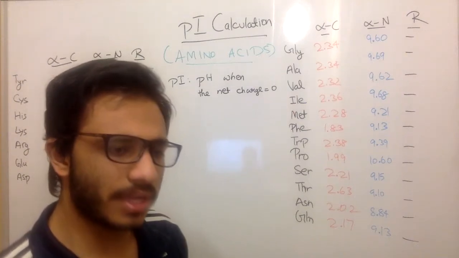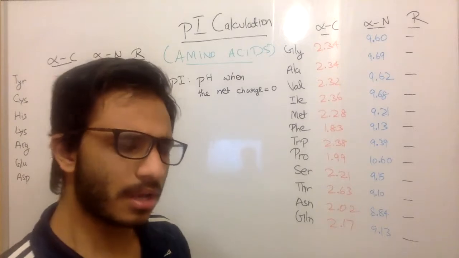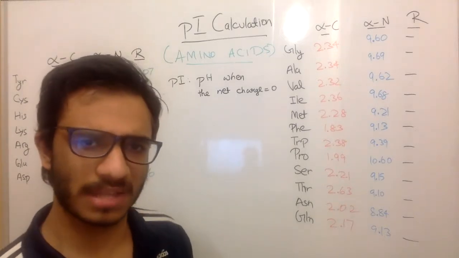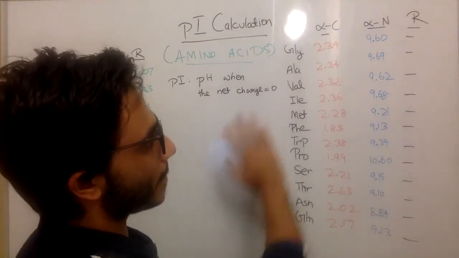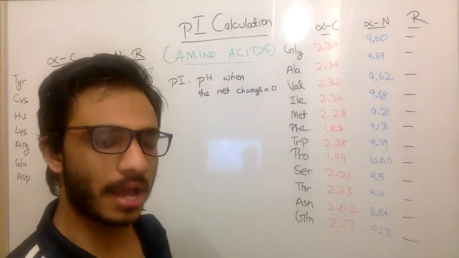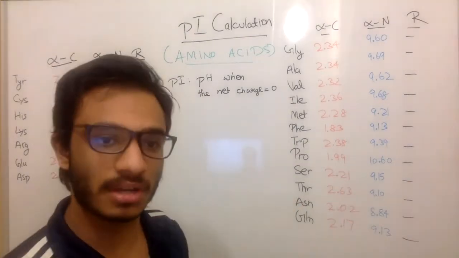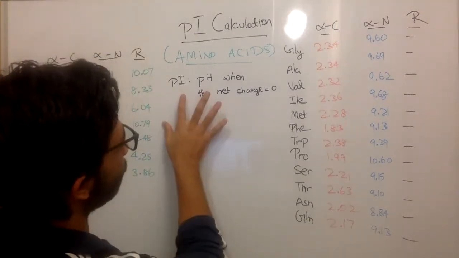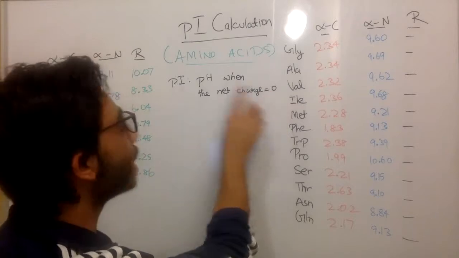And in the last video, we talked about how to calculate the net charge on the peptide sequence or the amino acid sequence, where I talked about how we can calculate the net charges on various kinds of peptides, whether they have polar amino acids or charged amino acids or uncharged amino acids. But in this case, we want to talk about when they don't have a net charge, or a net charge of 0. So that's the pI.